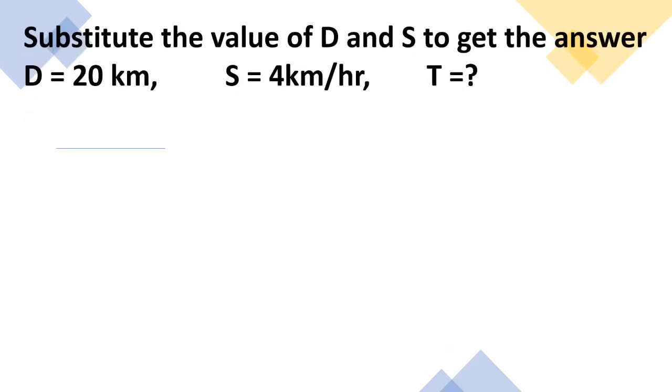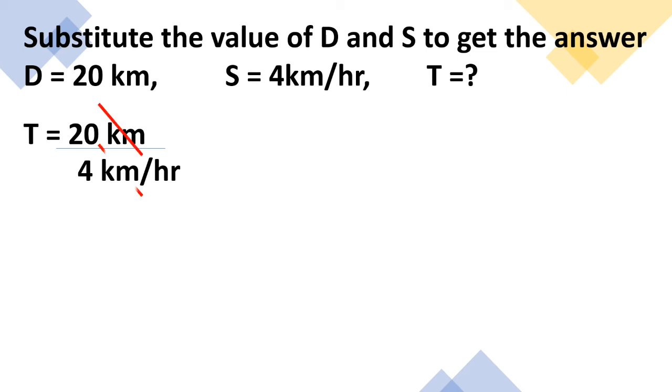So first, we need to substitute the value of D and S to get the answer. D is equal to 20 kilometers, S is equal to 4 kilometers per hour, and T is our unknown. So time is equal to 20 kilometers divided by 4 kilometers per hour.